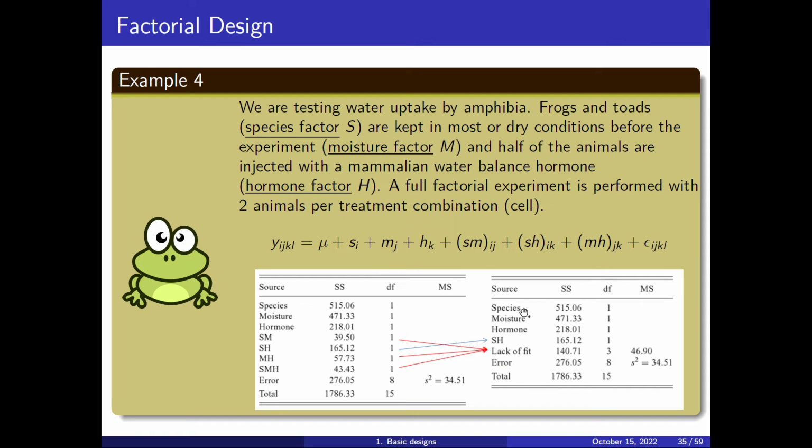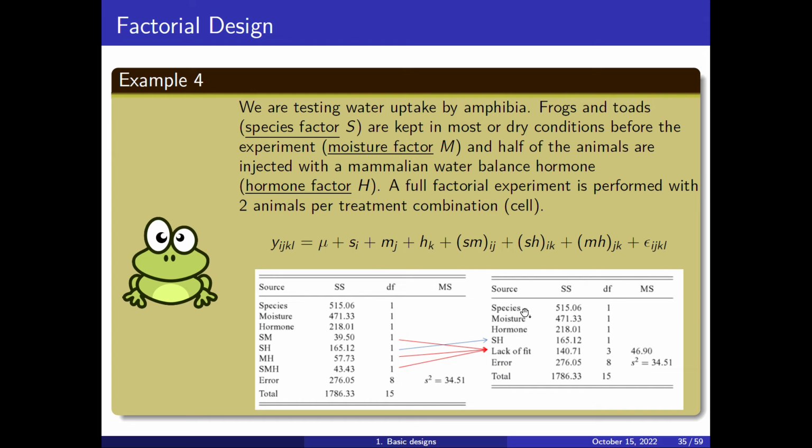So now we have a lot of power, because we can see that when we observe something in an animal, part of it is coming from the species, and we know it is not in the table, but we know what the main effect of that species is. We know that it depends on the moisture.